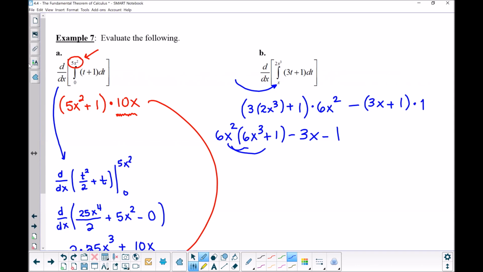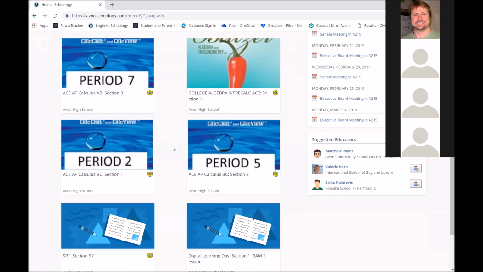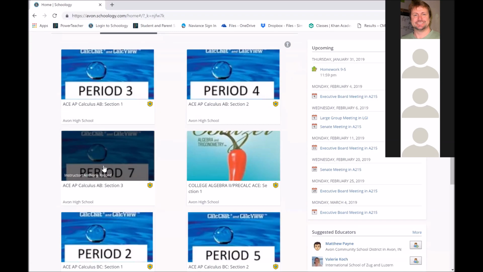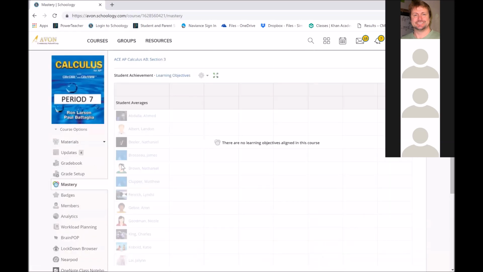Anybody have, oh, period 7 does not have the 4.4b worksheet. Wow, somebody got to fire me. Well, I'm going to share Schoology here with you guys if you want. You know where to find it, I'm sure, but hopefully you can all see the Schoology screen. If you go into period 7, I'm looking for a second here.